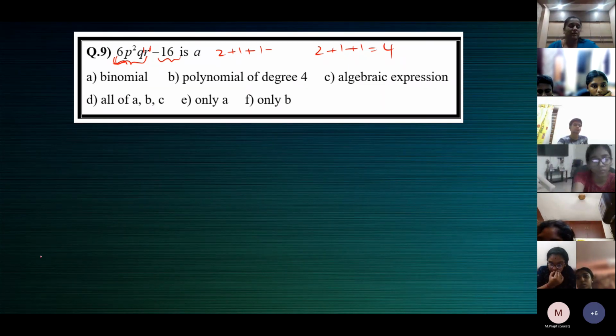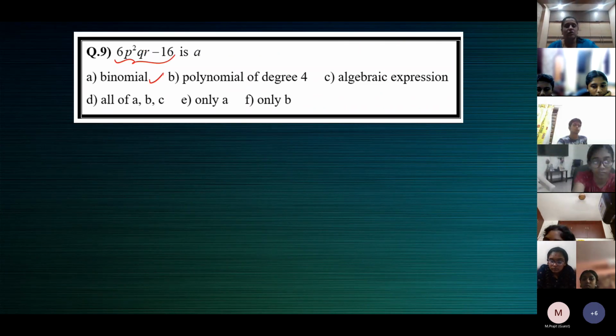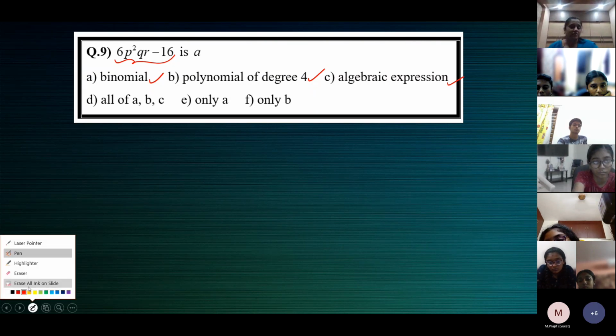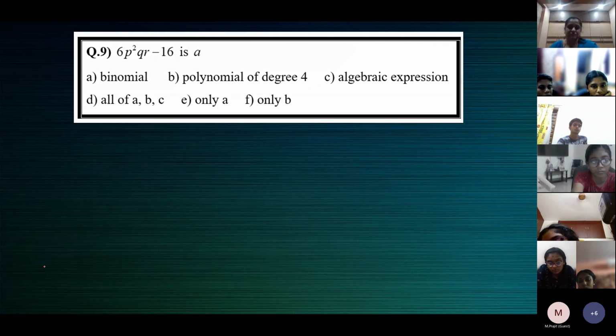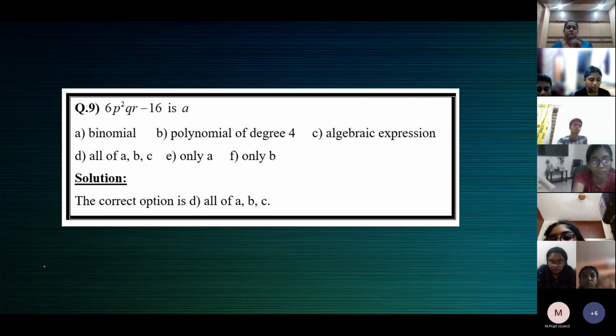So it is a polynomial of degree 4. And it is definitely an algebraic expression. So all of A, B, and C.